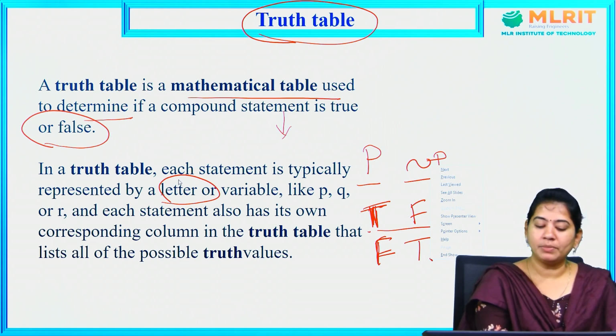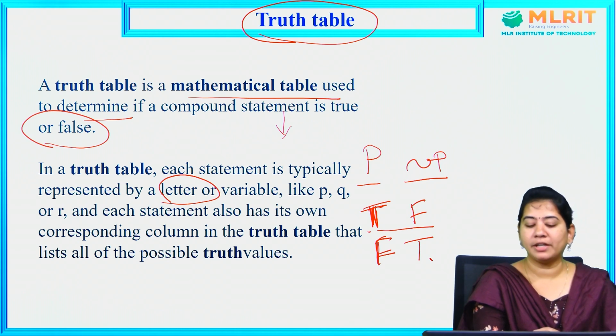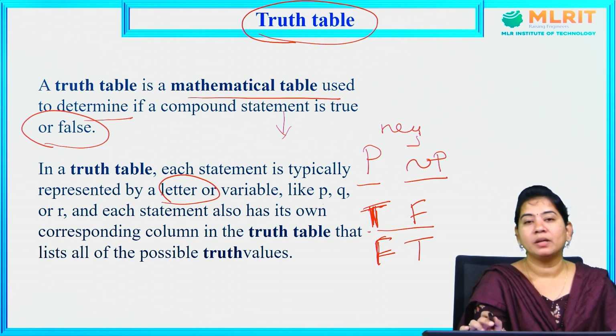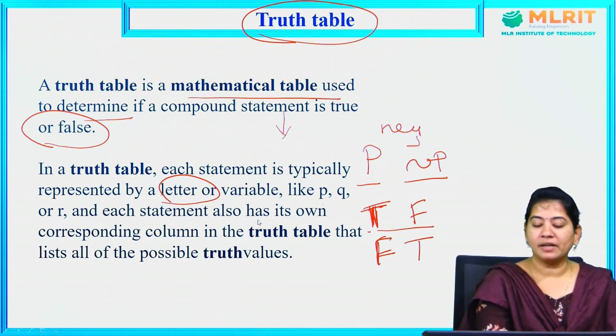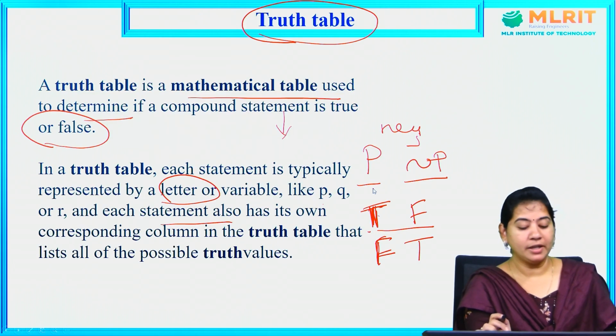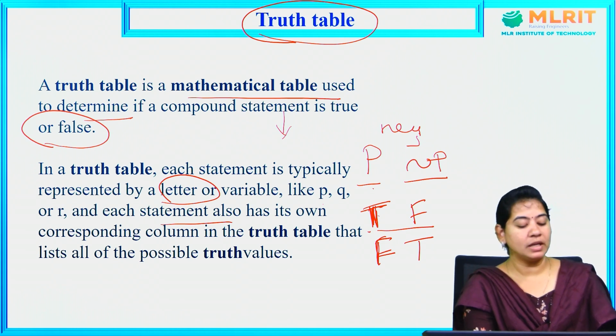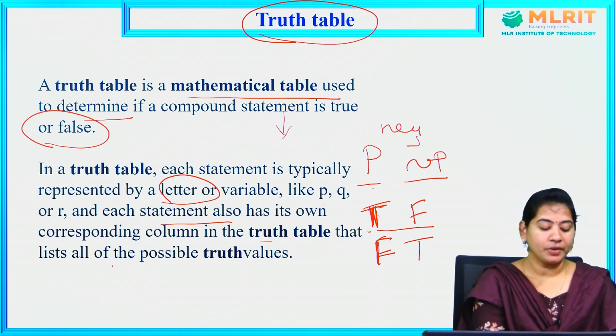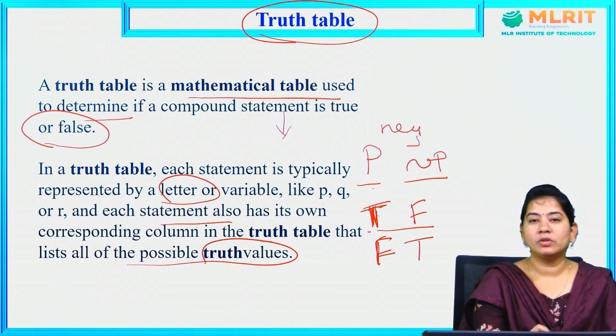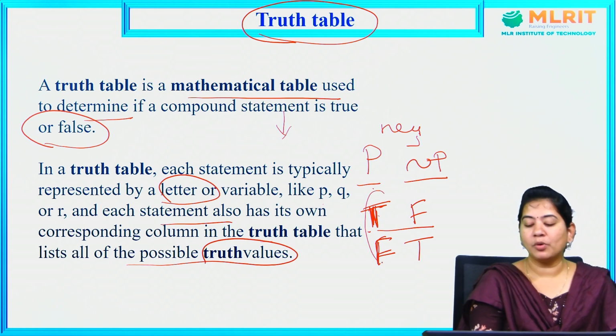In a truth table, each statement is typically represented by a letter or a variable like P, Q, etc. As we have only one atomic statement here, we can write it with only the P variable. Like P, Q, R, each statement also has its own corresponding column in the truth table, and it lists all possible truth values.